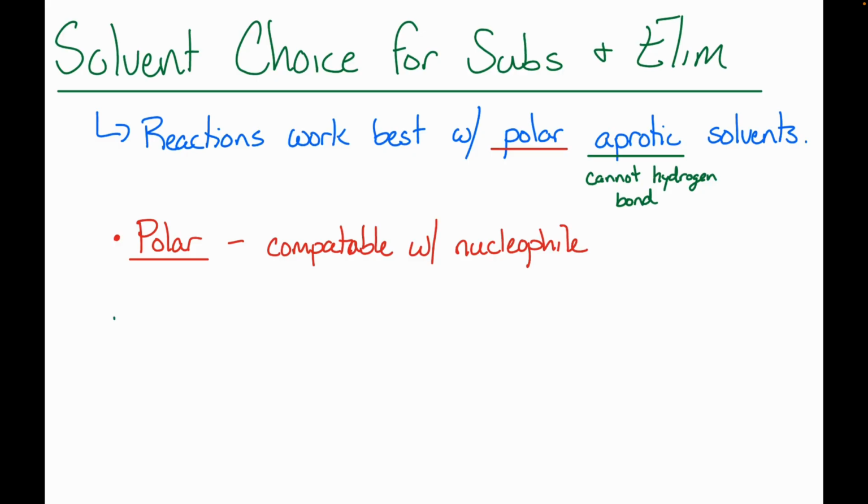But why is it important to be aprotic? Again, aprotic meaning it cannot hydrogen bond. So why don't we want it to be able to hydrogen bond? Well, because hydrogen bonds are these very strong interactions, and they will help stabilize that nucleophile, stabilizing it so much that it won't want to react with our electrophile anymore.